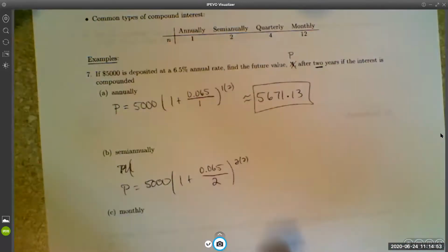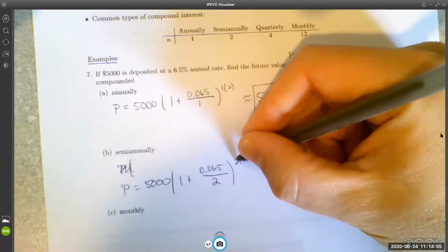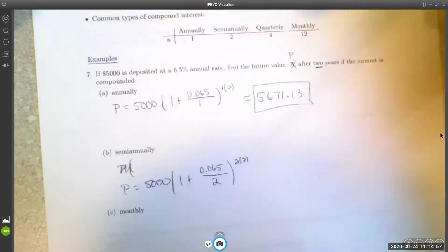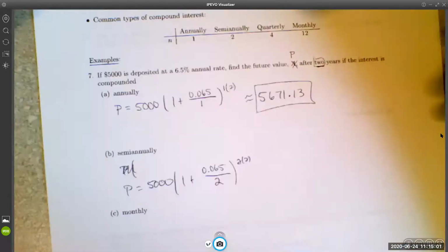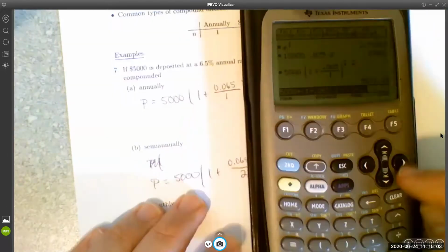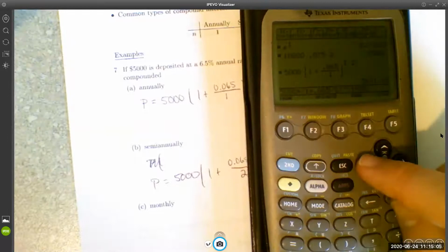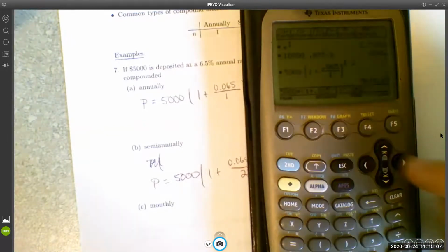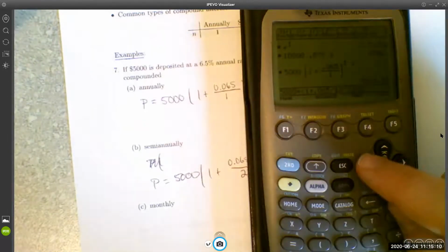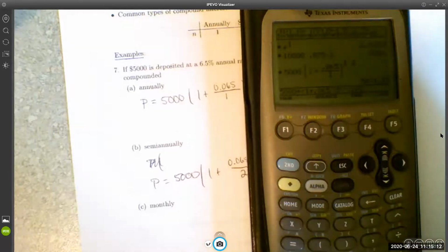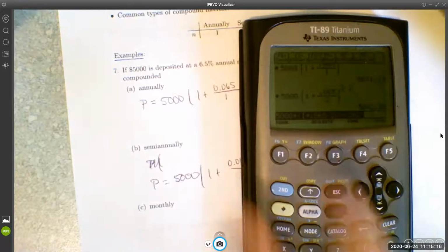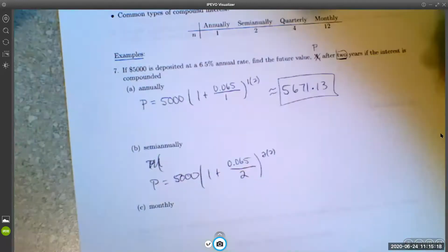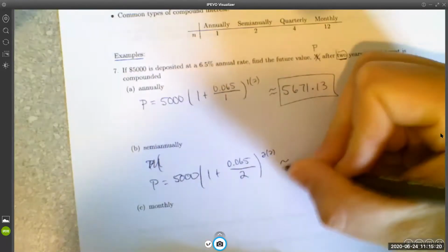The first 2 is because it's compounded twice per year, and the second 2 is because we're interested in how much you have after 2 years. Let's see what we get there. I'll change the 1s to 2s in what I inputted before. We get $5,682.38. So you make out a little bit better if it's compounded semi-annually.